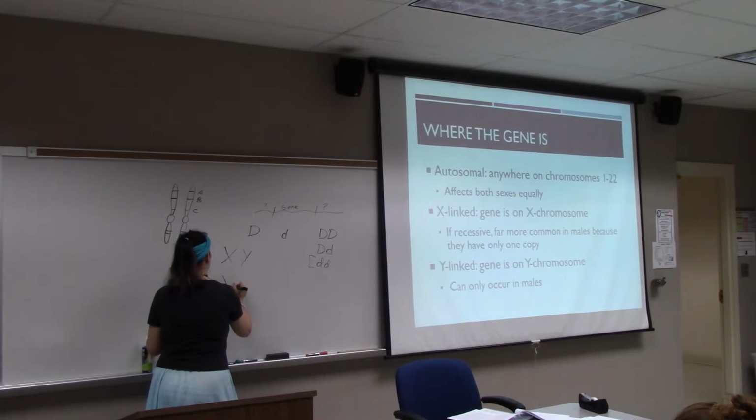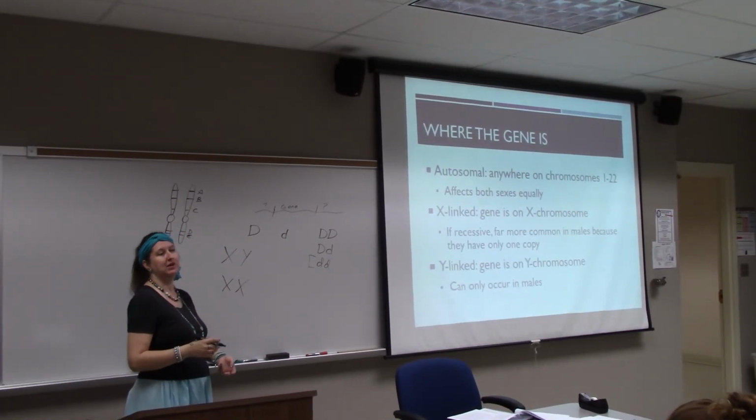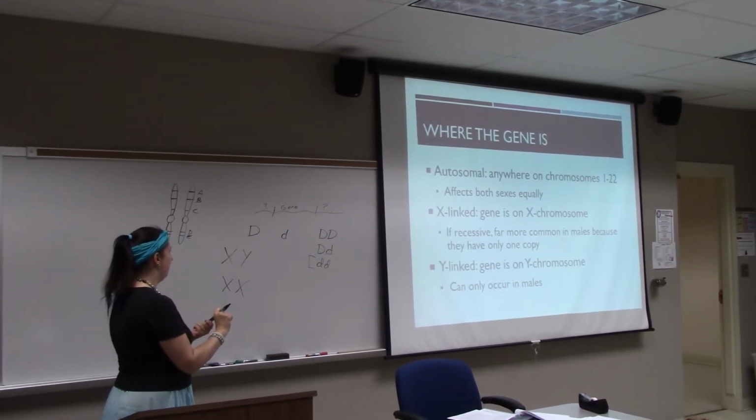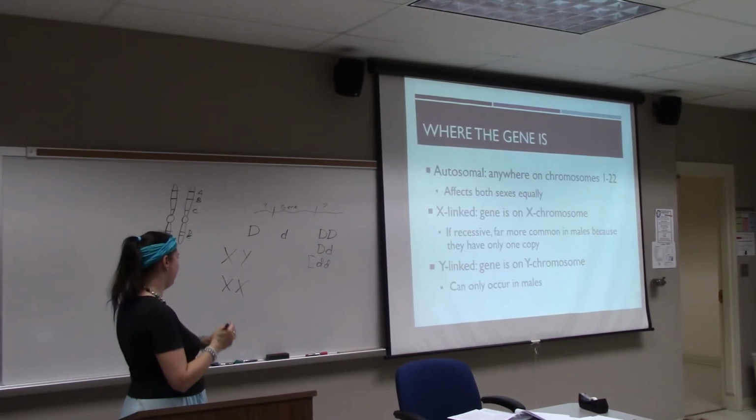Where for females with 2 X's, you would have to get the recessive form from both parents in order to show the traits. So X-linked is more common in males.